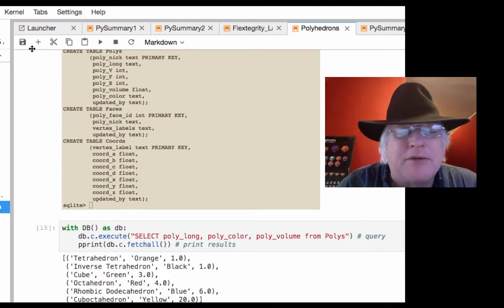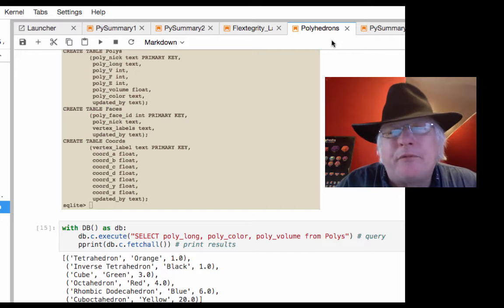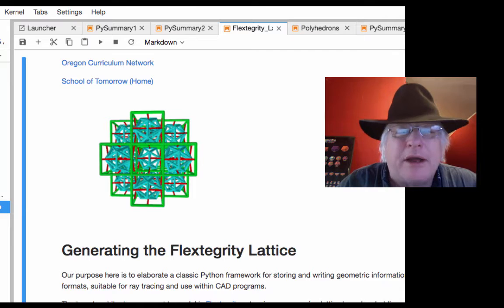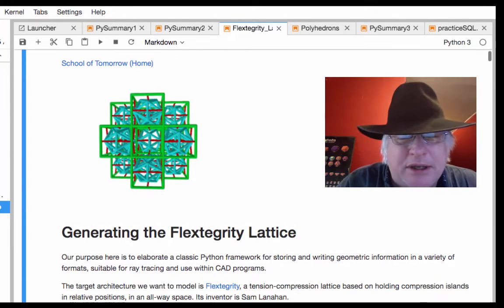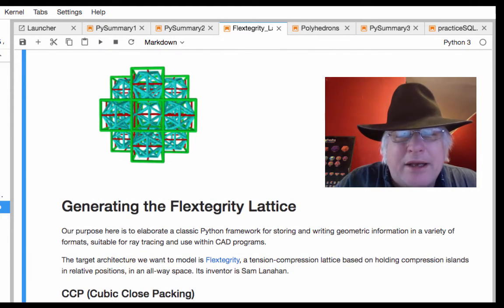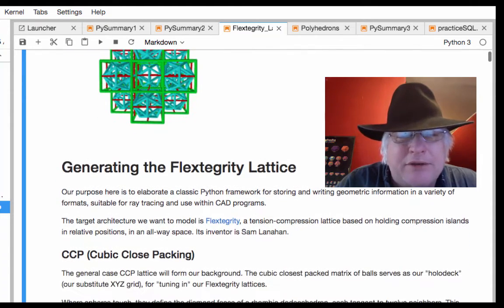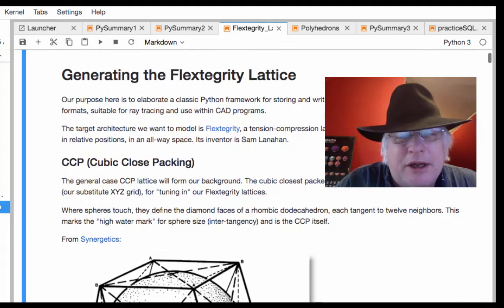The other part of it is, once you've got those polyhedra down, you're going to want to render them somehow. I've got the animated GIF going. My daughter sent me the academic favorite right now, the one they use most in the universities.